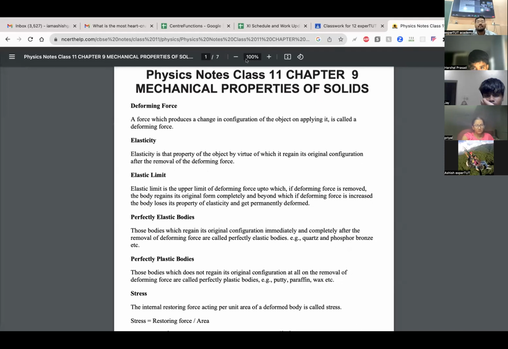Write this quickly, deforming force. Write very fast, okay, very fast hands. Actually, I can explain it to you right now and you can write it later. No, just read them, okay? Don't write it. You will write it later, okay?